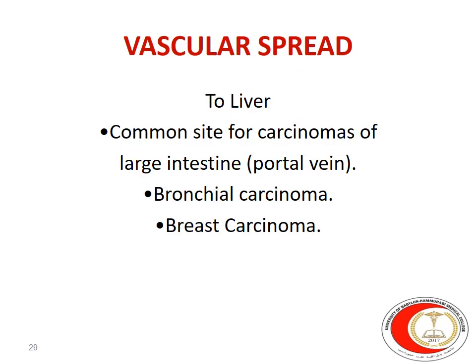Regarding the vascular spread to the liver, the carcinomas that commonly spread to the liver include the large intestine, via the portal vein, bronchial carcinoma from the lung, and breast carcinoma. These are the commonest carcinomas that spread to the liver.